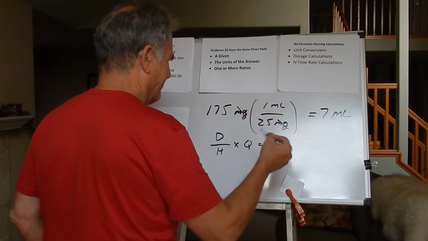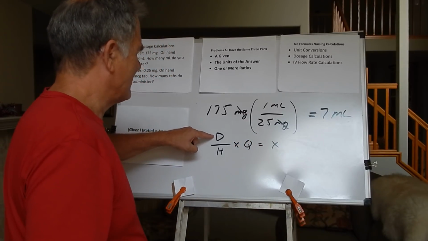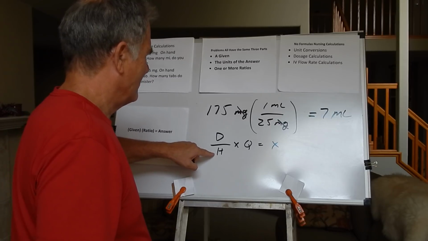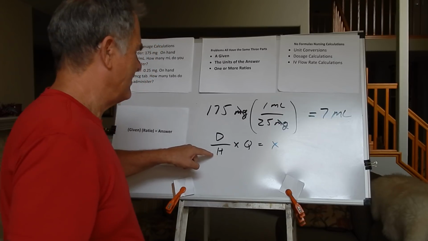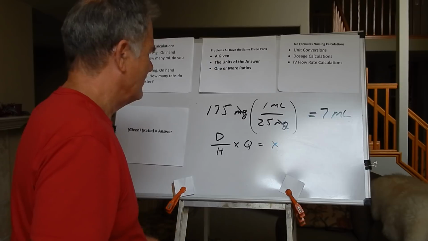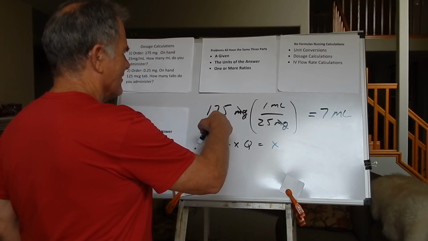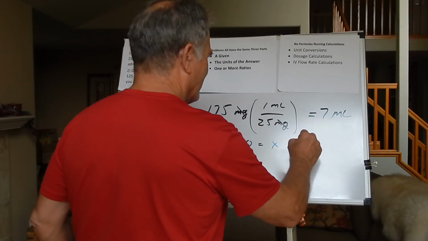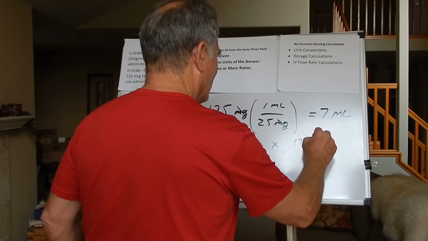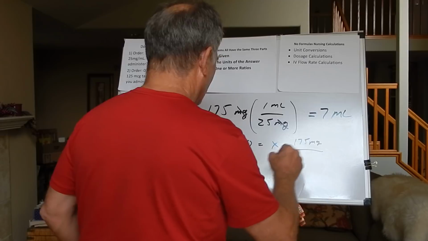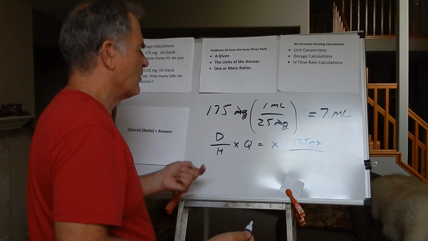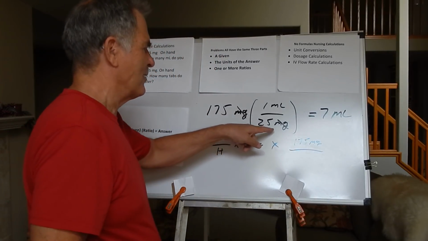Equals X. So that's the desired over the have or on hand times quantity. So what that works out to, the desired is the 175. Then the have, the way they say have is just the milligram part.